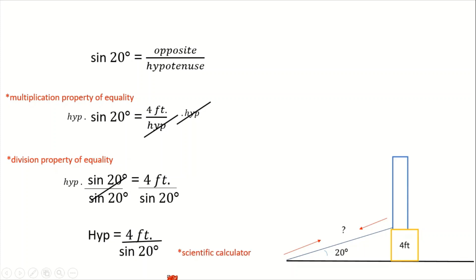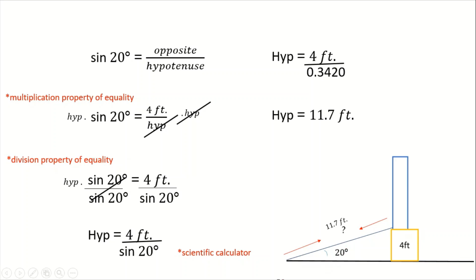Then, you can use your scientific calculator to divide 4 by sine 20, and sine 20 is 0.3420. So you can now divide 4 feet by 0.3420, so that will give us 11.7 feet. So therefore, yung haba ng ramp na gagawin nila para sa wheelchair is 11 feet.